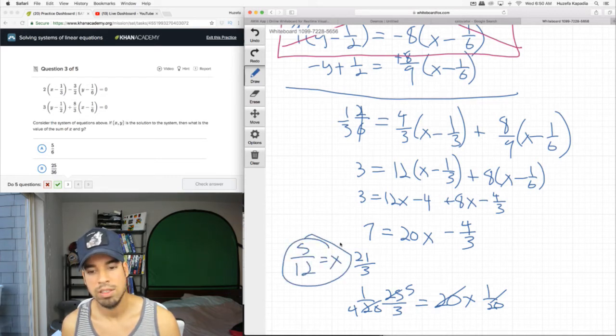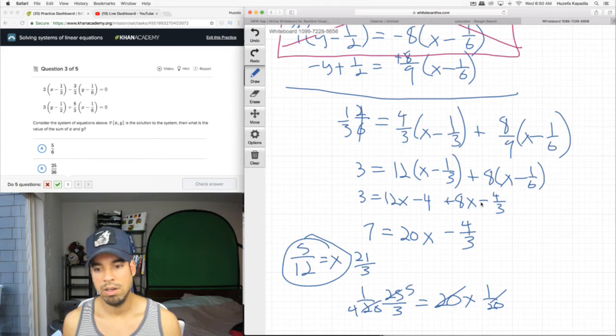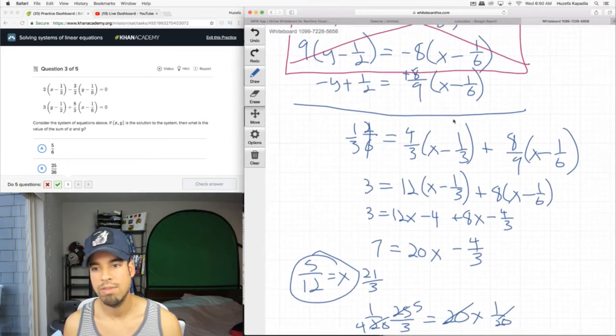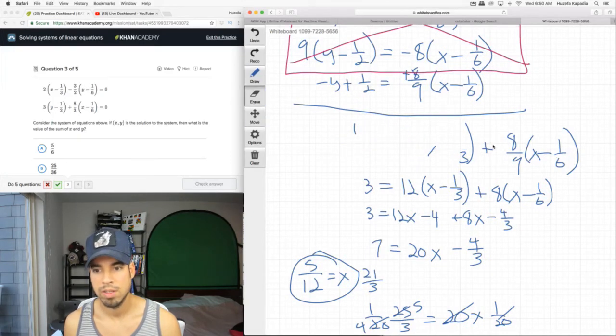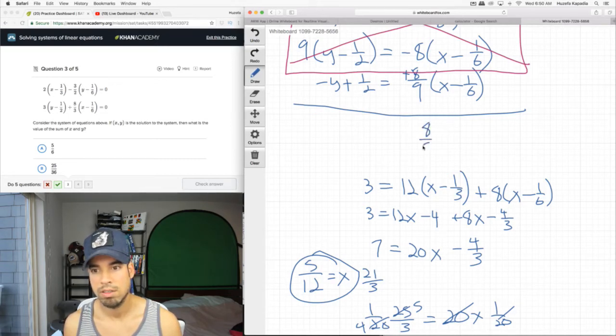So that's what x equals. And then let's plug it back into one of these equations up here. So it's 5/12. I'm going to just plug it into this one because it's the closest that I see, and we'll solve for our y value. So that's 8/9 times (5/12 minus 2/12, converting 1/6 to 2/12) equals negative y plus 1/2.